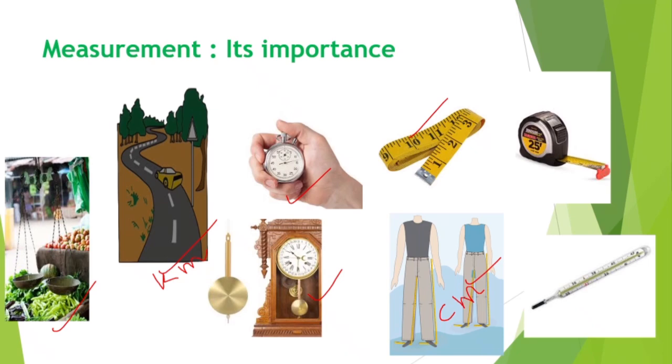So he will measure it. In which quantity? Kg, right? And here is the thermometer. Why do we use it? We use it to measure fever, temperature, right? So these are the best ways to understand how measurement is important in our daily life.